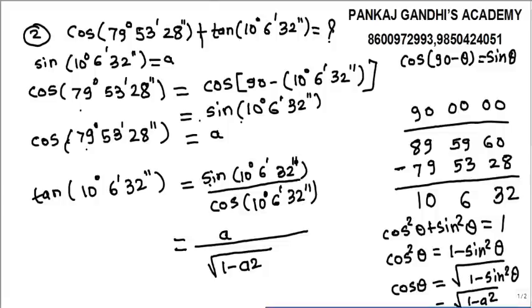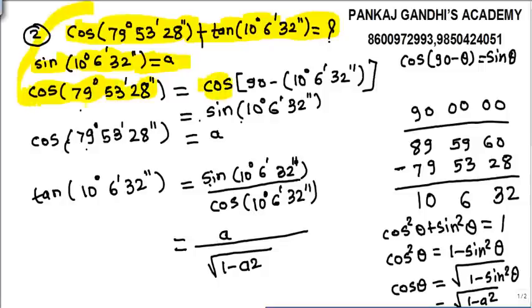Question number 2. Here we have to find the value of cos of 79 degrees 53 minutes 28 seconds plus tan of 10 degrees 6 minutes and 32 seconds, and it's also given that sin of 10 degrees 6 minutes 32 seconds equals A. So whatever value comes will be in terms of A. First we will find cos of 79 degrees 53 minutes and 28 seconds.